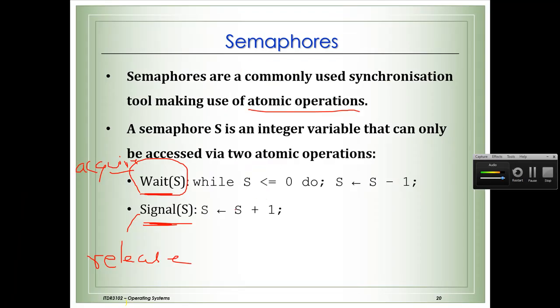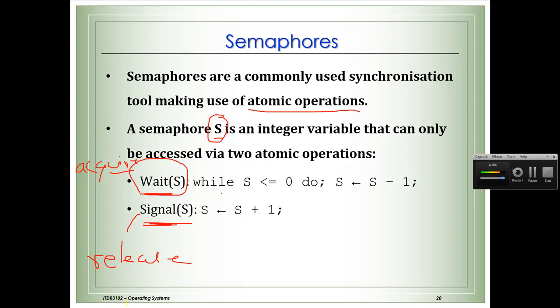So there is an integer variable in the semaphore tool, and let us call that s. Semaphore s is an integer variable that can only be accessed through these methods, wait and signal.